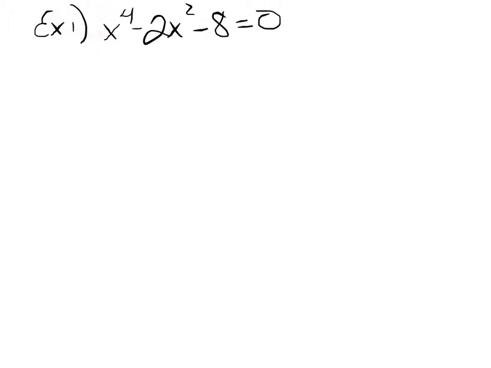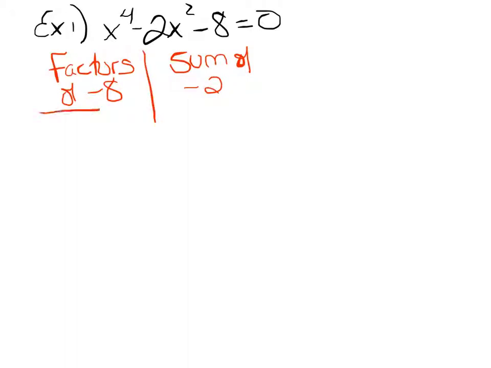So I will do factors of the last, which is -8, and a sum of the middle, which is -2. So if I'm trying to find two numbers that multiply to give me -8 and add to give me -2, I notice that -4 times 2 gives me -8, and -4 plus 2 gives me -2, so those do work.